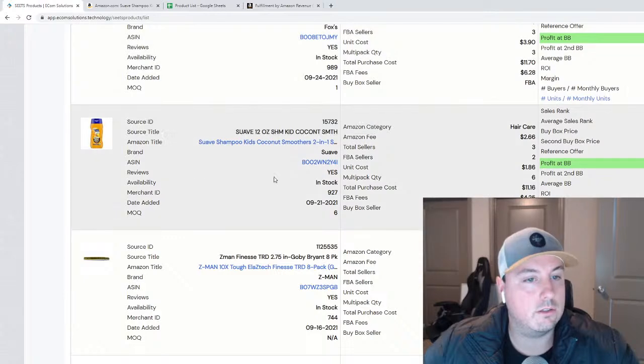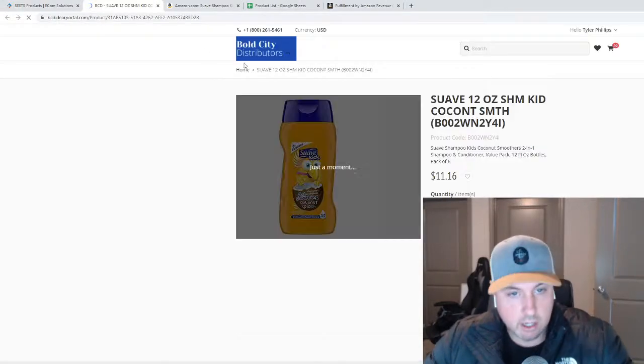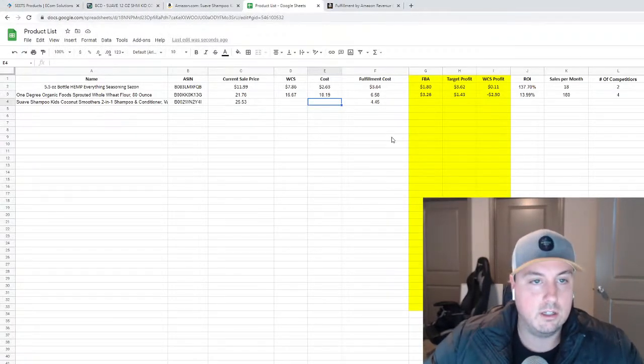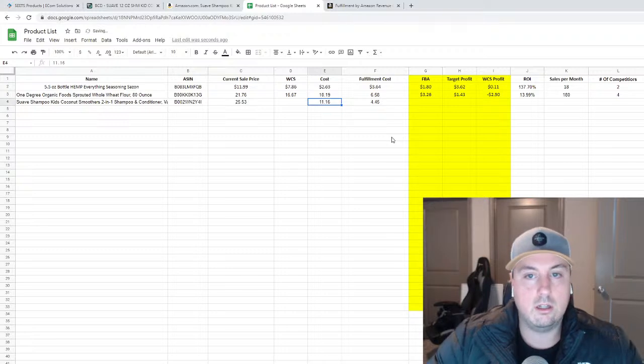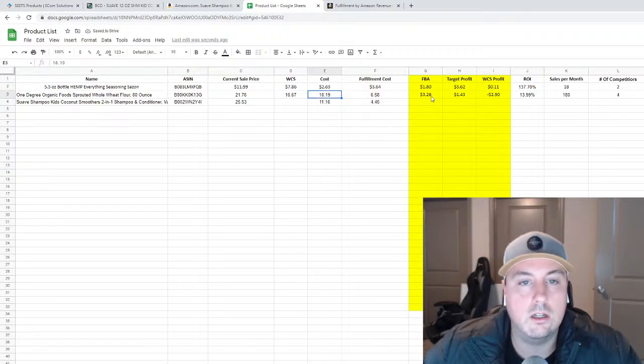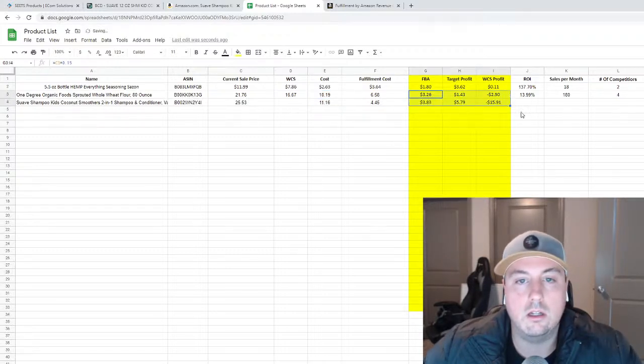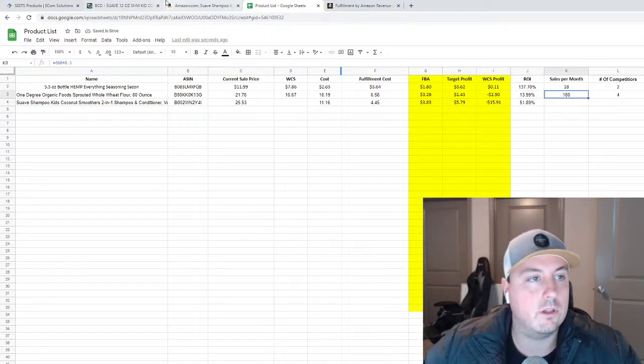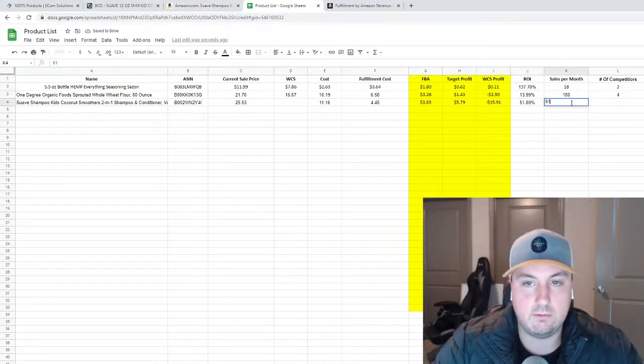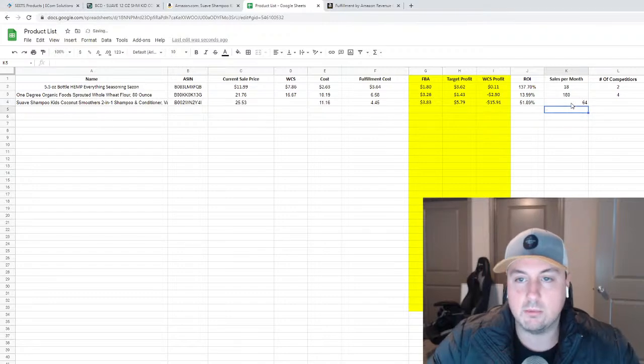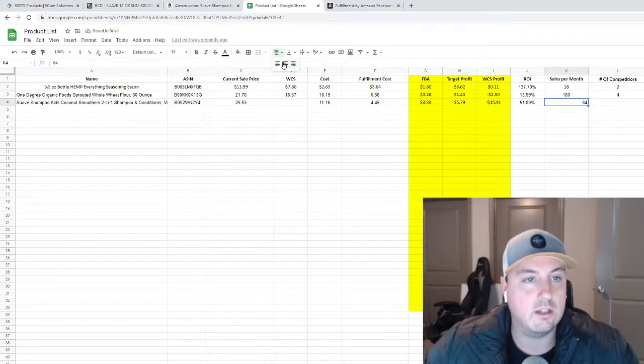And then let's make sure it is in stock. All right, it is. Nice. Pretty decent margin on this one, and ROI. I think it said 64 sales a month, something like that.